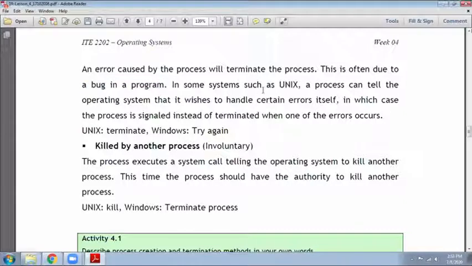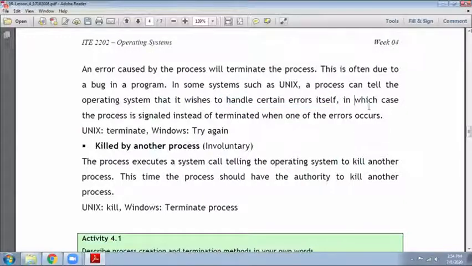So in some systems such as Unix, the process can tell the operating system that it wishes to handle certain errors itself. So the operating system can handle certain errors by itself.